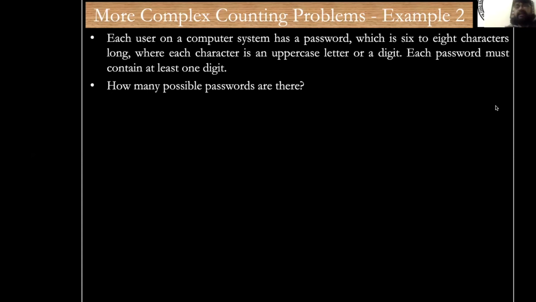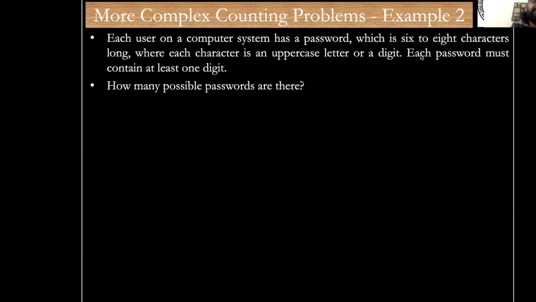First, there are either 6 characters or 7 characters or 8 characters. So if the password count is P, then this is going to be a sum of P6, the passwords of length 6, plus P7, passwords of length 7, plus P8, passwords of length 8. Each character is an uppercase letter or digit. This clearly means there are 36 characters in total.